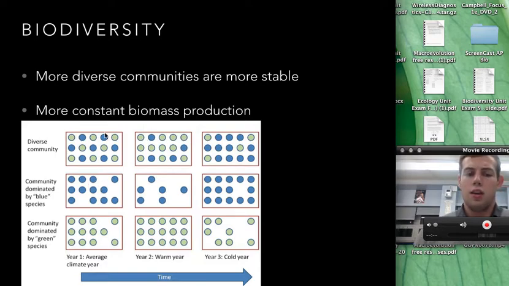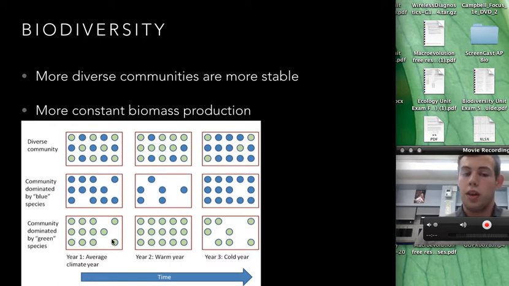In the first year, it's an average climate year, and we have a large amount of biomass in all 3 of these. Let's see what happens the next year when the climate changes. Next year, it's a little bit warmer. The green species is well adapted to this. They're going to flourish, with an increase of biomass.